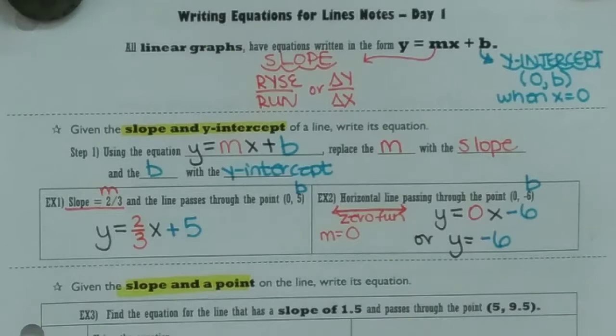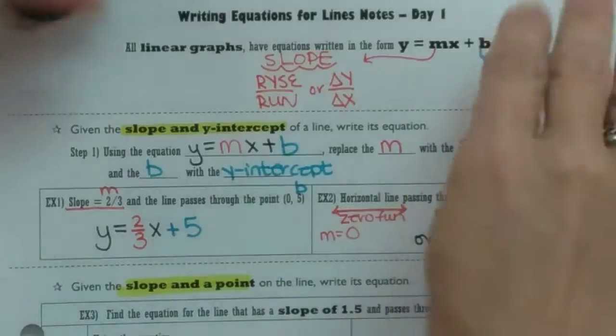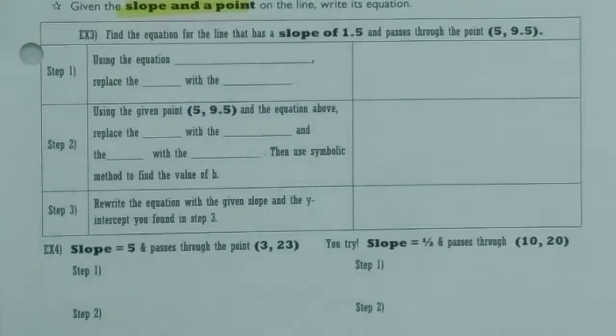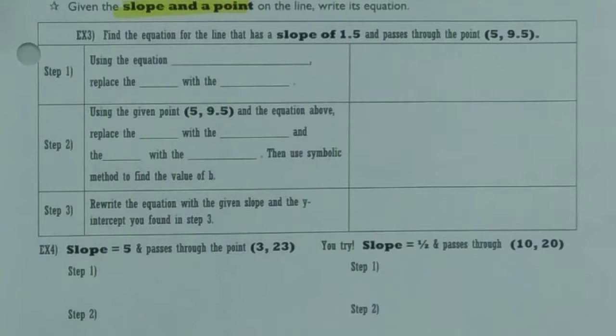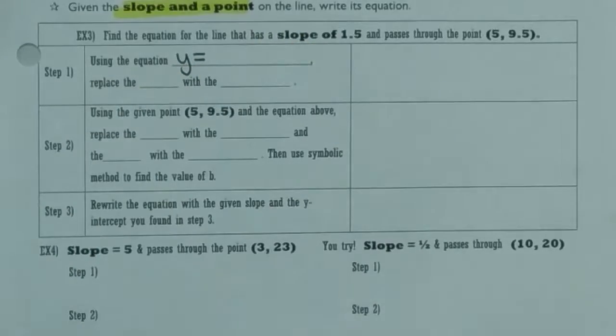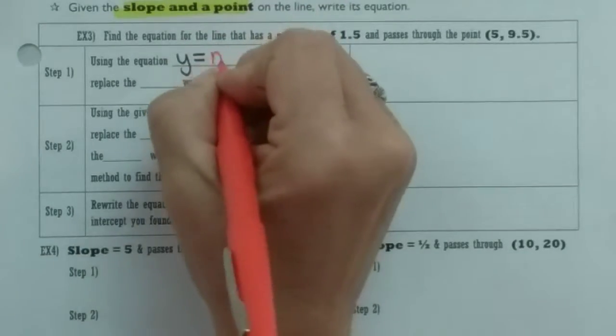Now let's move into the stuff that is new for us today. We're going to be given the slope and a point on the line that is not the y-intercept, which means we're going to have to do a little bit of math. So we're going to use our favorite equation again, y equals mx plus b.